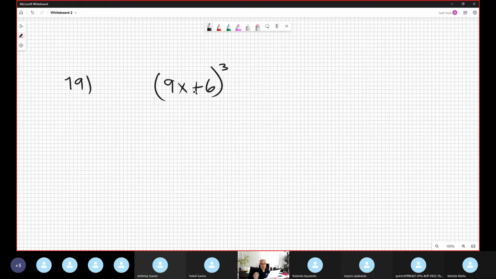It's easy. However, I don't need to expand. In this case it's easy because x to the cubic contains only 4 terms.